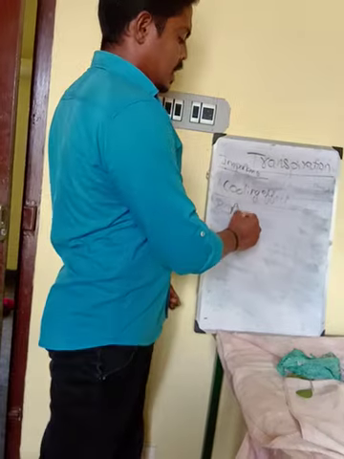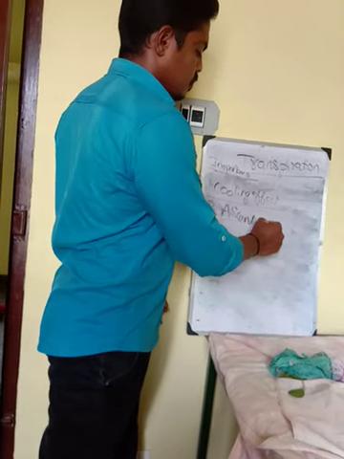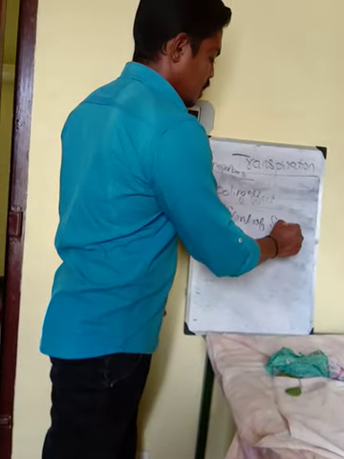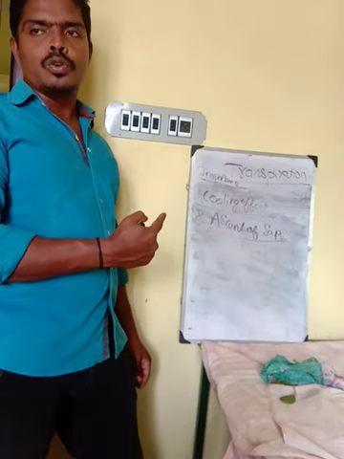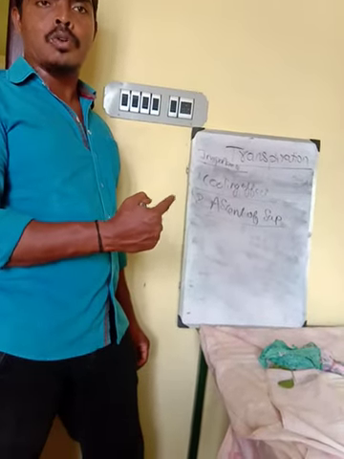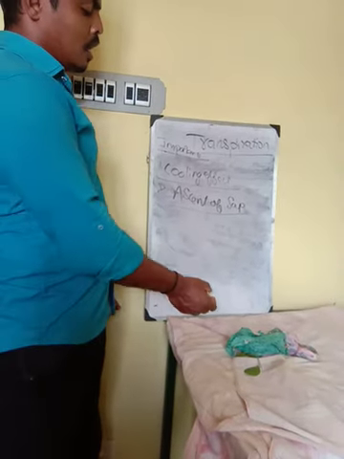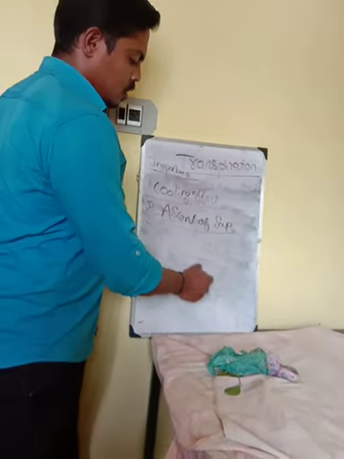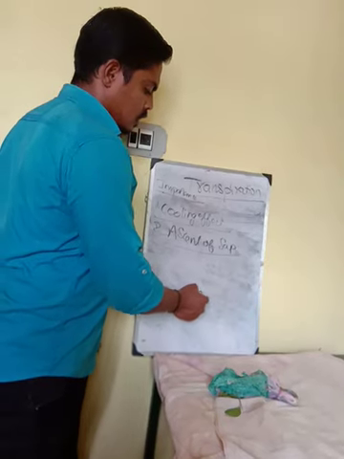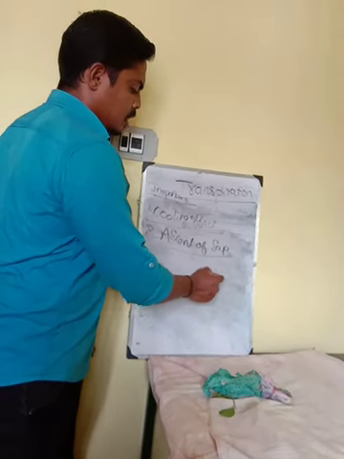Then the second point is ascent of sap. I told you in the last class what ascent of sap is. Pulling upward of water through the root is ascent of sap. For example, here is the root, here the stem and here the leaf.